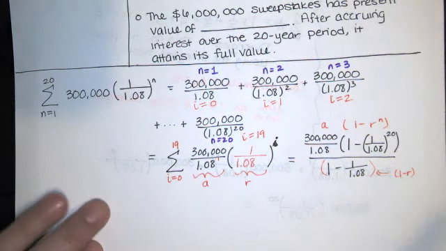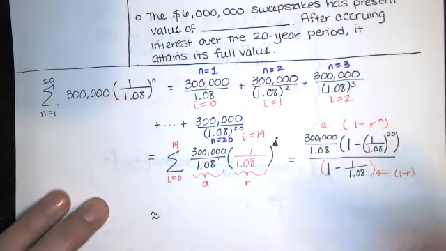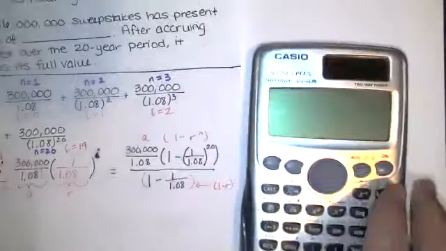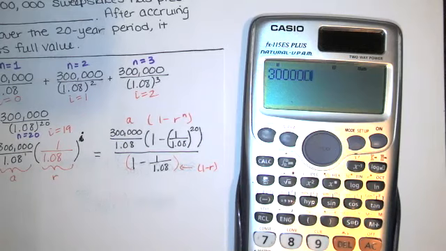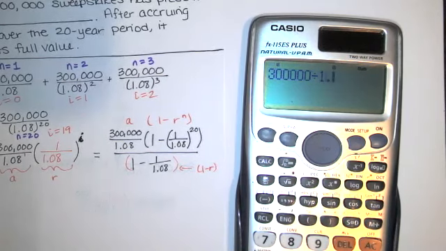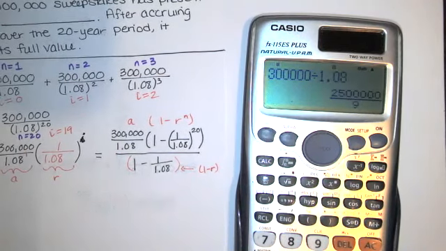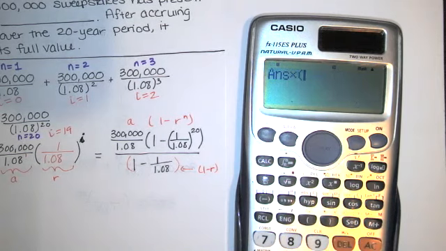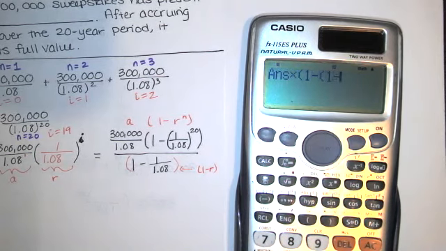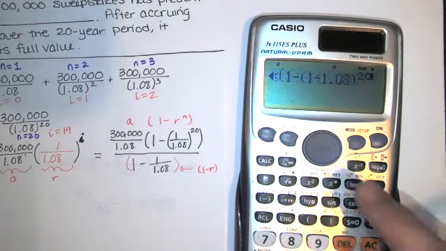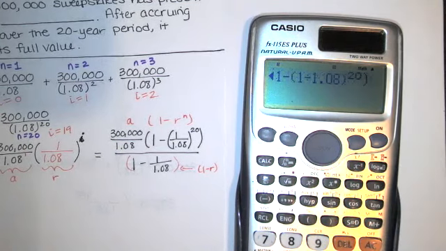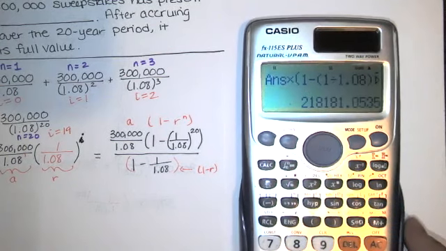So now we'll evaluate it. So you have 300,000 divided by 1.08 multiplied by 1 minus 1 over 1.08, quantity raised to the 20th. Close parentheses for that numerator.